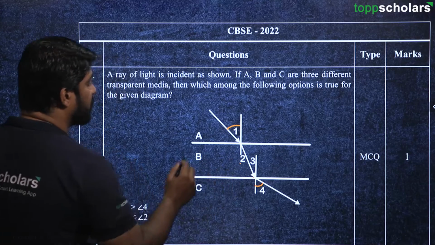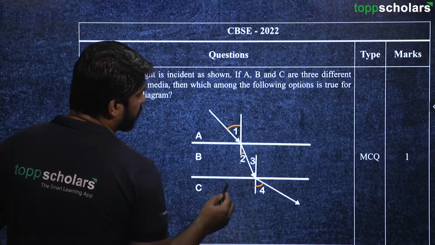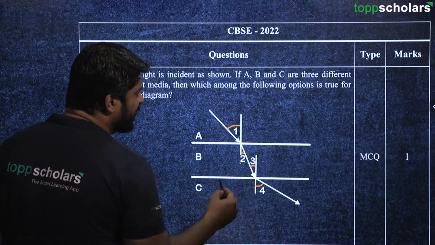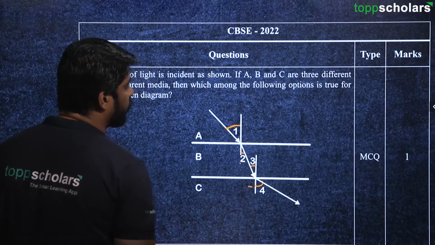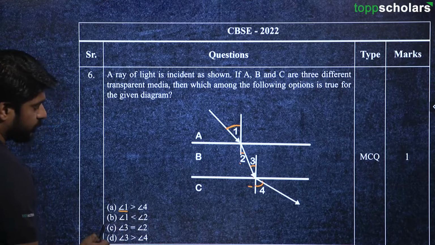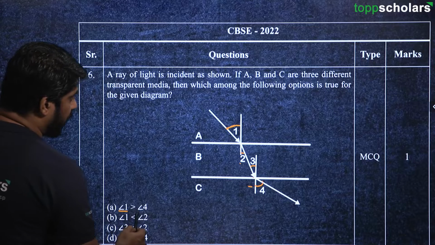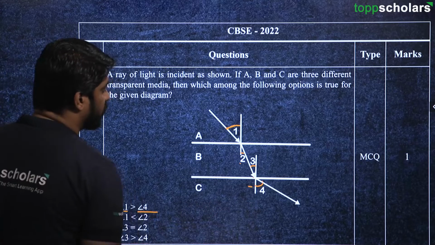As we can see in the diagram itself, 2 is quite small, then 3 is a little bit bigger, then 1 is a little bit bigger, and the last one, the fourth one, is even bigger. So angle 1 is greater than angle 4? No, this is wrong, as we can see angle 4 is larger.